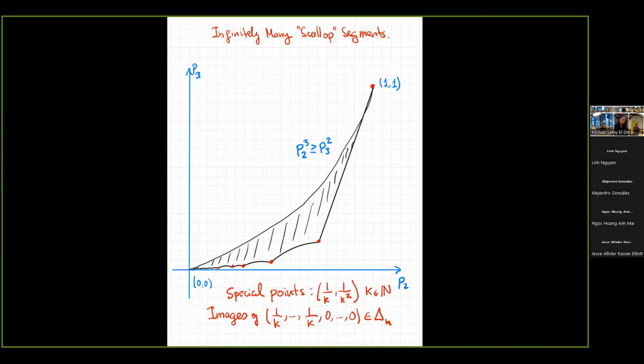And so these red points, yes, exactly, these red points look like 1 over k squared. They all lie on a nice quadratic curve. And they're images of points where finitely many coordinates are equal, then the rest are 0.